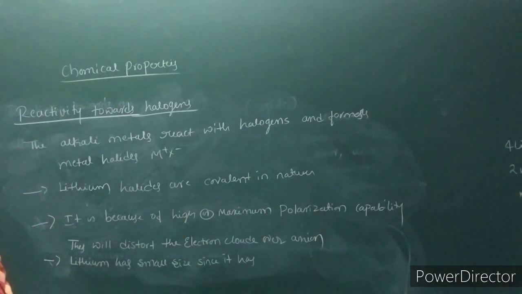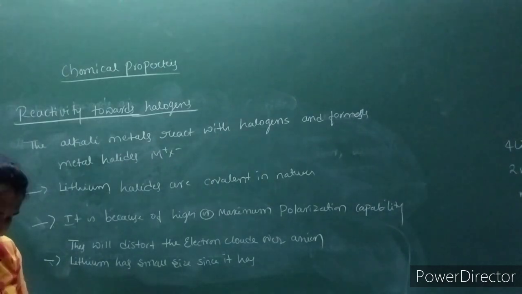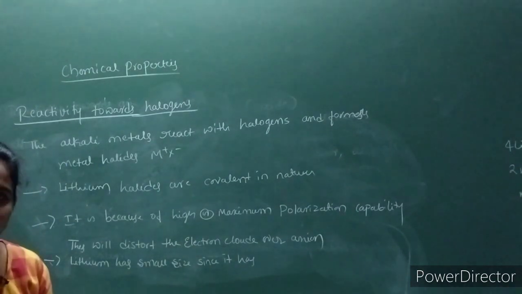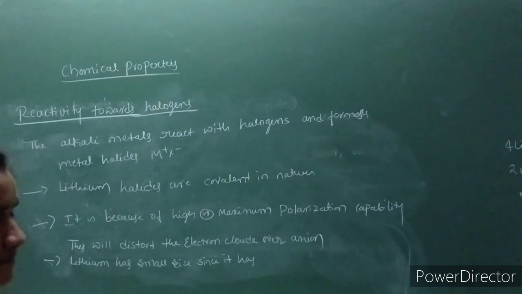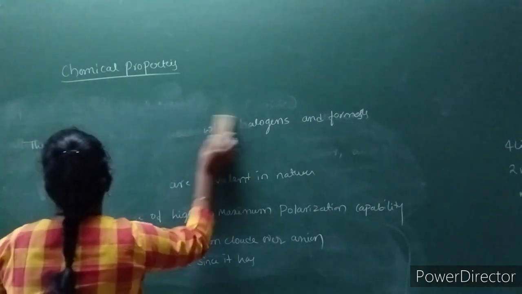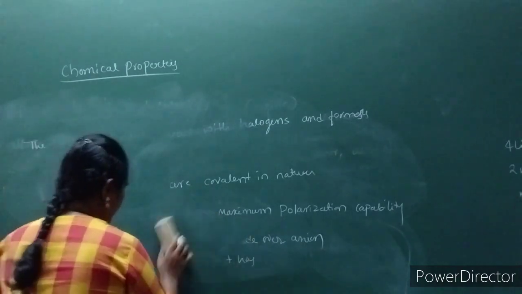So this is about the alkali metals. When they react with the halogens, they form the corresponding metal halides. So next is the reducing nature of alkali metals. This is the fifth property.